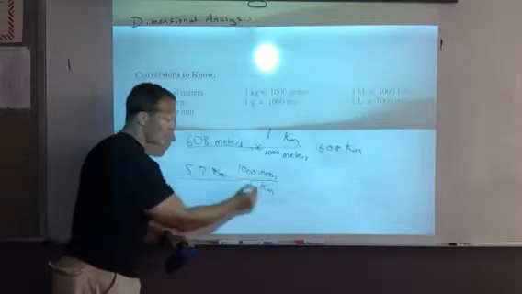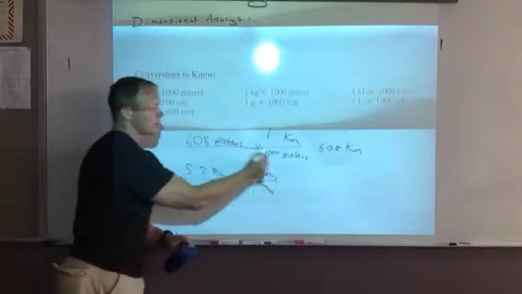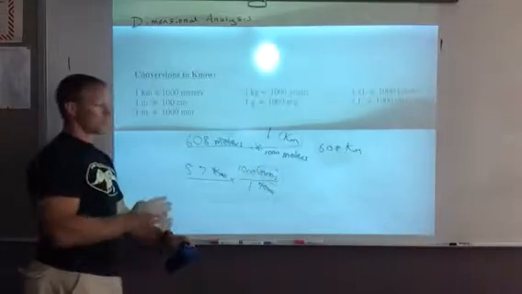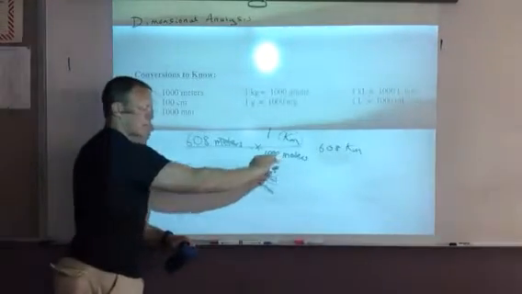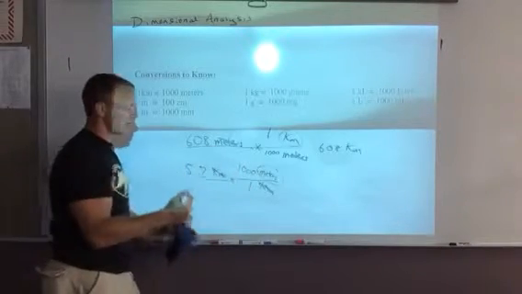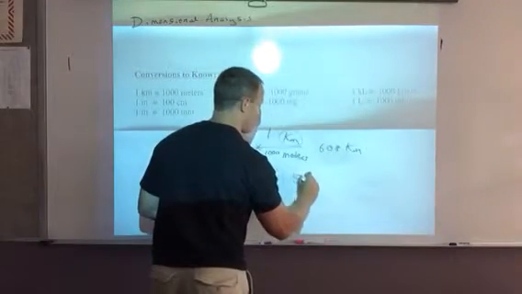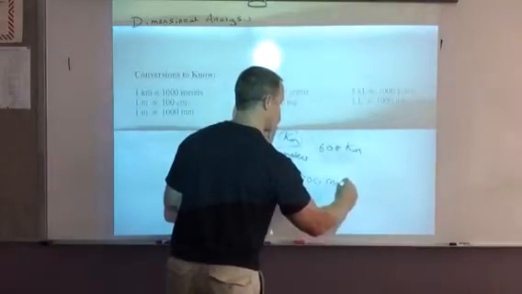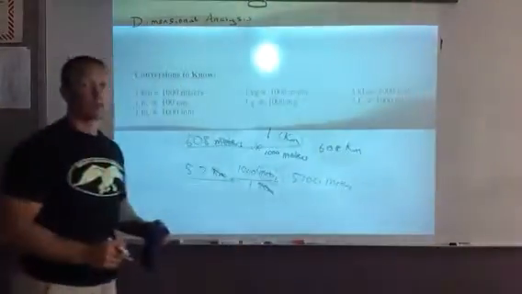So this label and that label are going to cancel. Kind of like up here, meters and meters cancel, we were left with kilometers. Now we're left with meters. We're just multiplying the top numbers, dividing by the bottom ones. 5.7 times 1,000, we're just dividing by 1, so it's going to be 5,700 meters. Those are pretty simple ones.